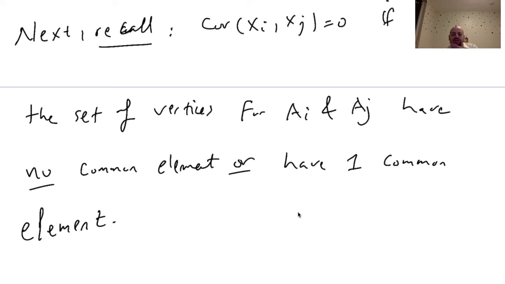If they have no common element or one common element, then A_i and A_j would be independent and the covariance would be 0. We saw this before, the similar idea that we used last time. Now we would be interested in the case that we have two events with t common elements and t is at least 2. In that case, covariance could be non-zero.